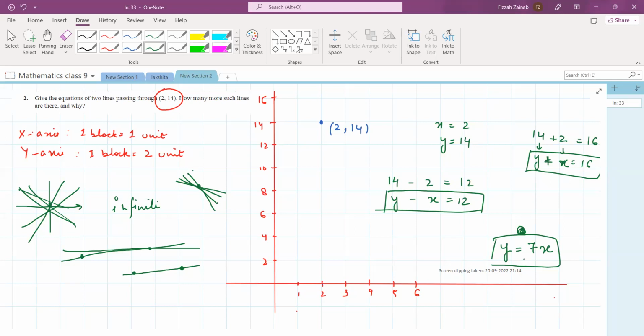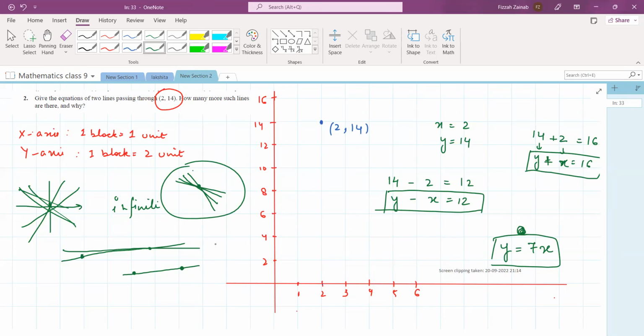As we have seen, every equation is actually represented by a line. That means every line is represented by an equation, if I say it in the reverse order. So if I have an infinite number of lines which are passing through it, that means infinite equations can be there, isn't it? Because every line will have its own equation.